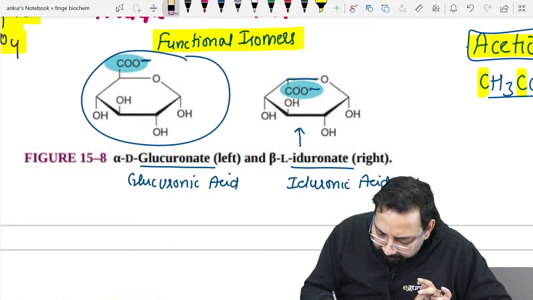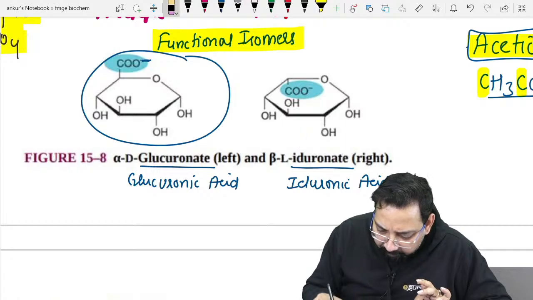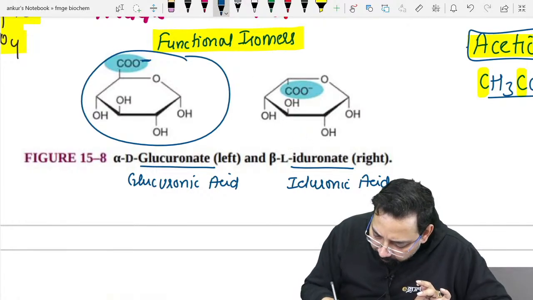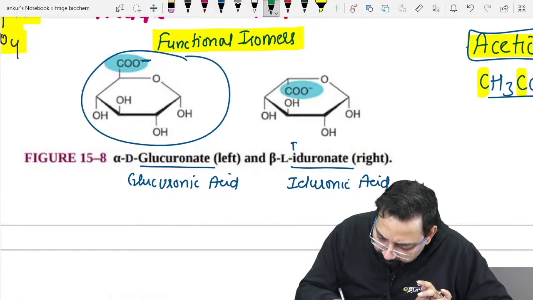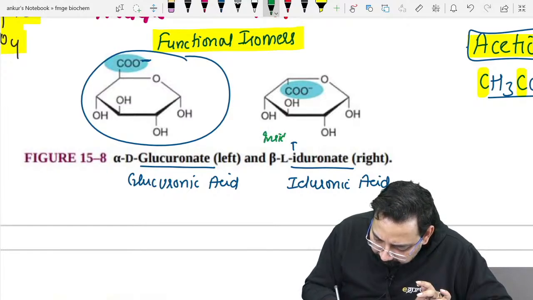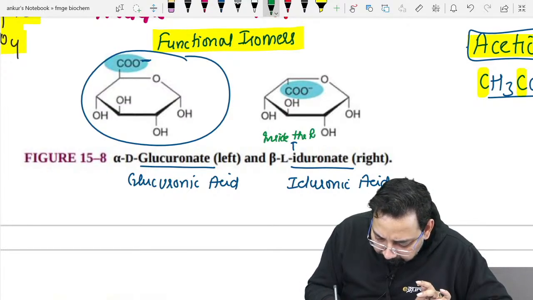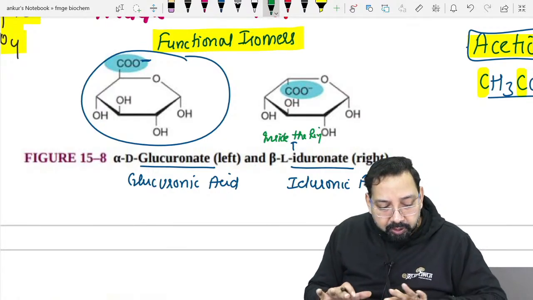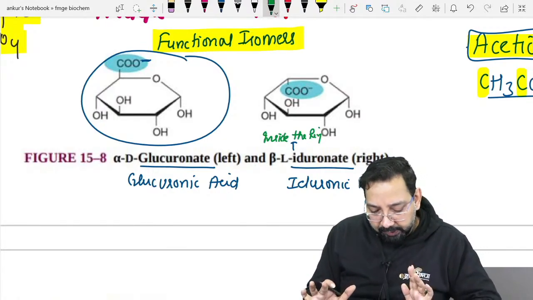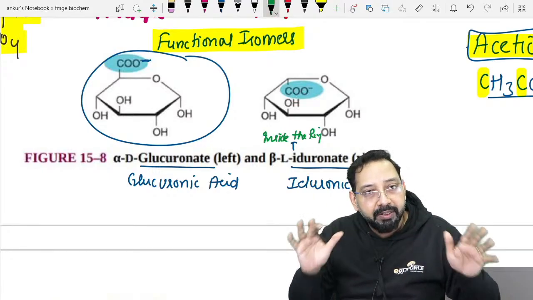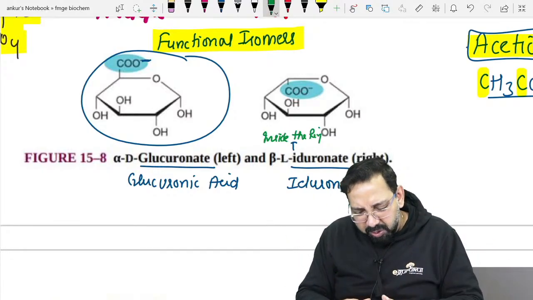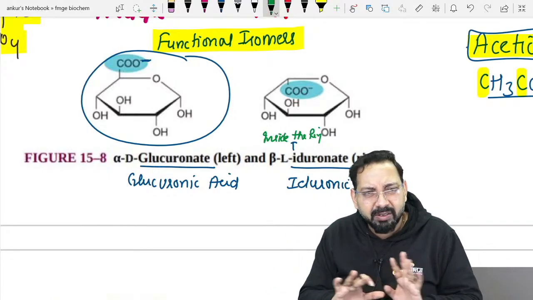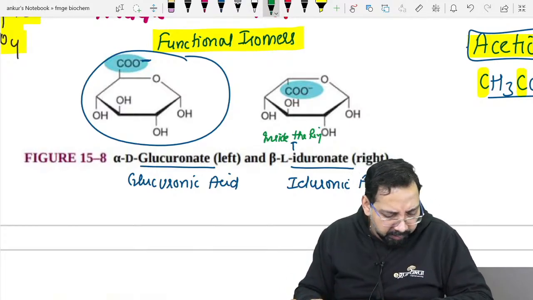If the acid is inside the ring, then you will say it is iduronic acid. Outside the ring, glucuronic acid. You have an idea. That's sufficient, even if you don't remember, it's okay.